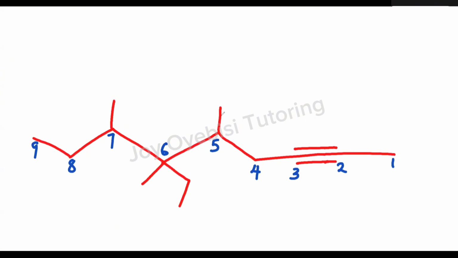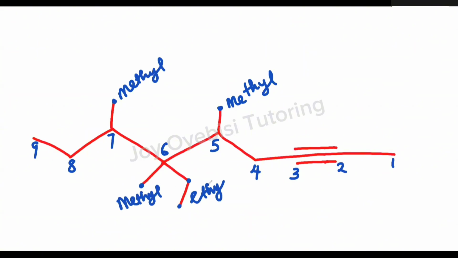On carbon 5, I have a 1 carbon substituent, on 7 another 1 carbon substituent, and on 6 another 1, and then on the same 6 I have a 2 carbon substituent attached. A 1 carbon substituent is known as a methyl group. This is a methyl group as well, methyl as well, and this is ethyl for 2 carbons.